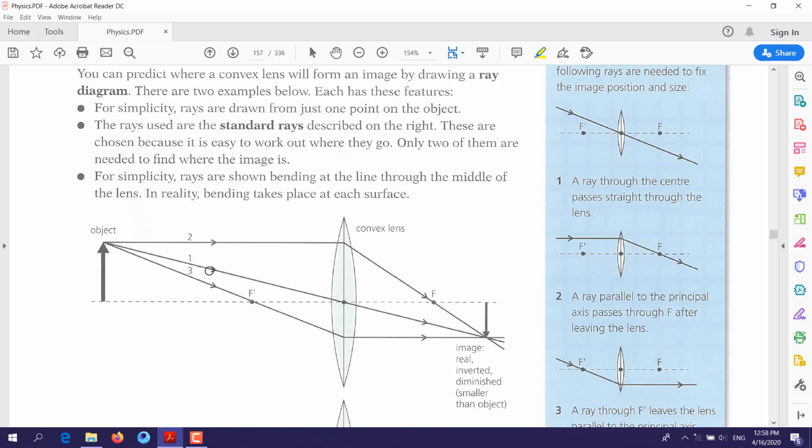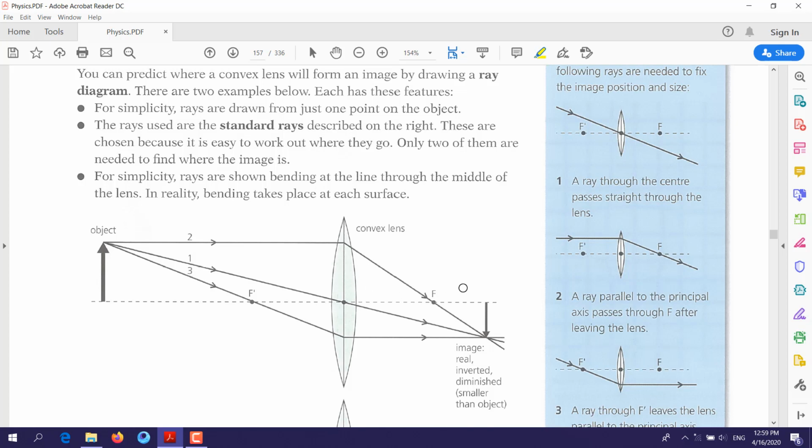You can draw more, but for simplicity, we will use only these 3 lines. To determine the position of the image, you will need a minimum of 2 lines, and you can draw more than 2.